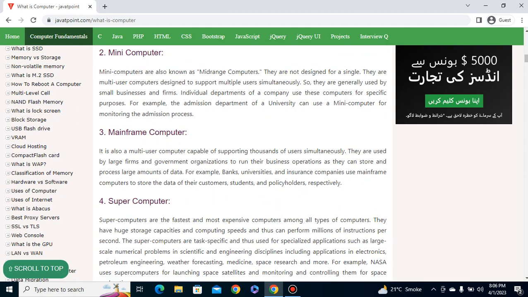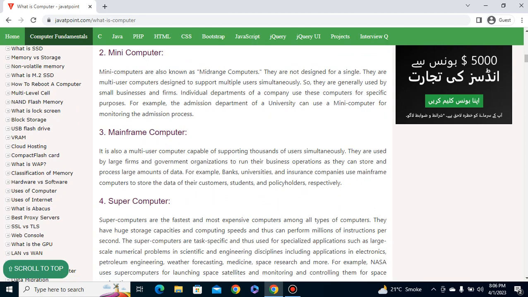Supercomputer. Supercomputers are the fastest and most expensive computers among all types of computers. They have huge storage capacities and computing speed, and thus can perform millions of instructions per second.